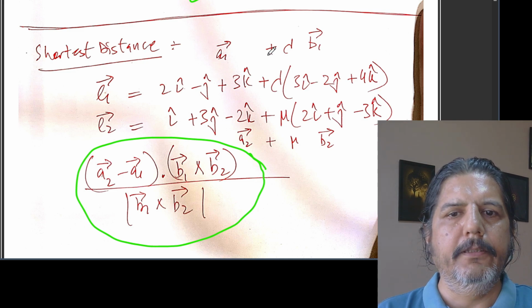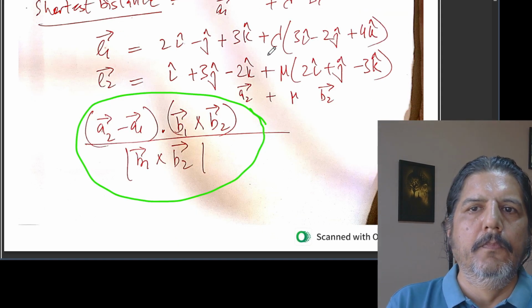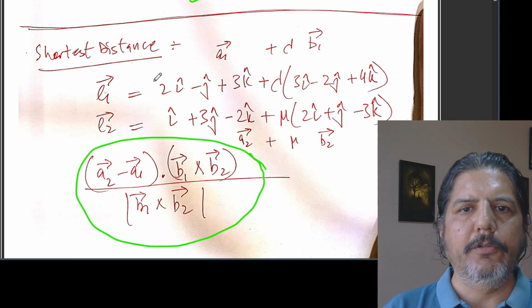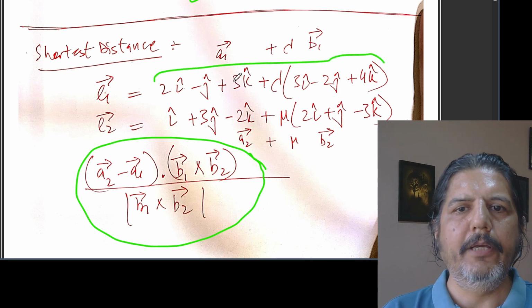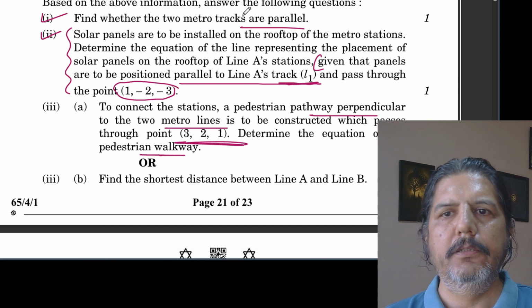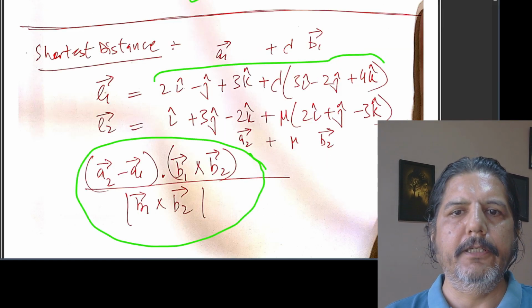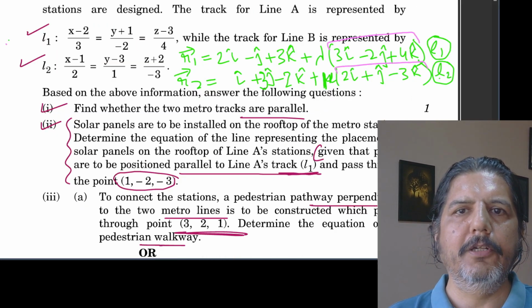So let's find this. This is the vector notation of my line A: 2i minus j plus 3k, plus lambda times (3i minus 2j plus 4k).